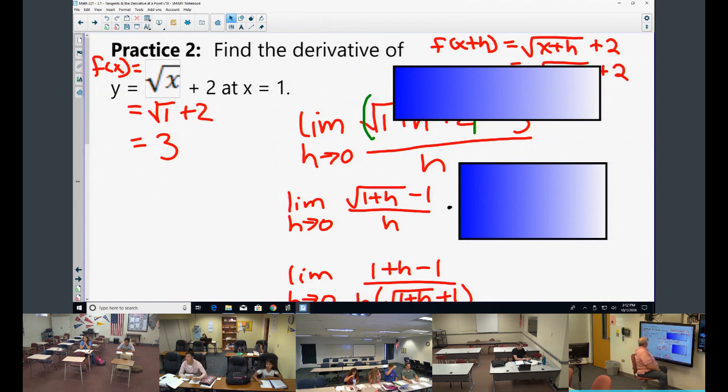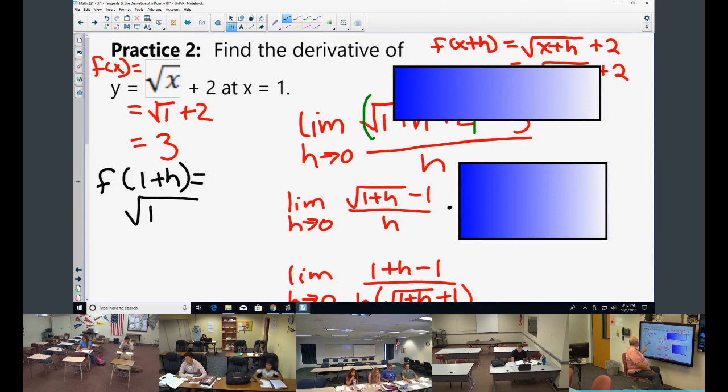Okay, so f of x, if we plug in 1, is 3. Then f of 1 plus h is just the square root of 1 plus h plus 2.